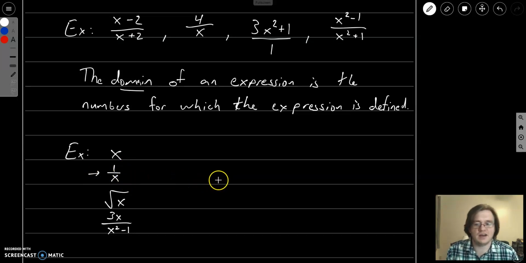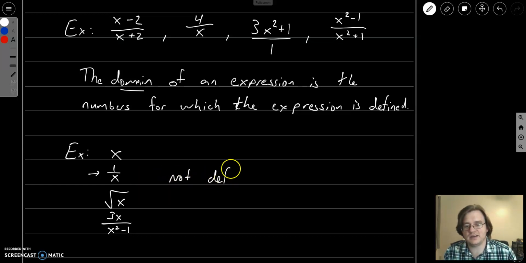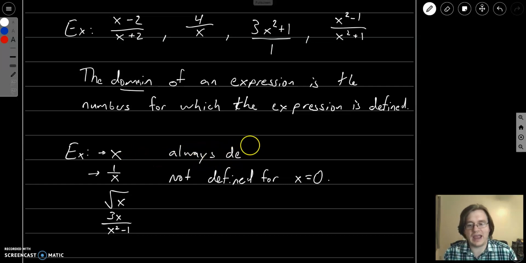We can't divide a number by 0, so this is not defined for x equal to 0. The first one, on the other hand, x is just always defined. It doesn't matter what x is, it can be anything that we want it to be.